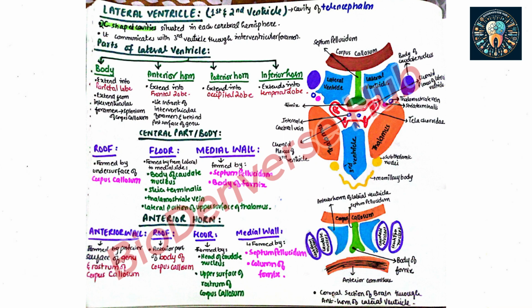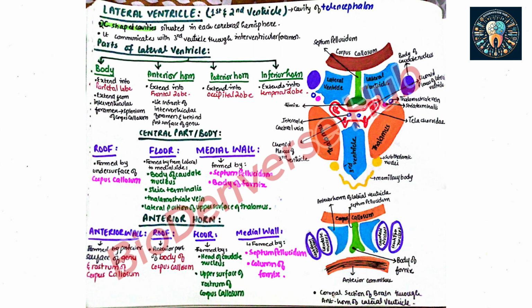The floor is formed by the head of the caudate nucleus and the upper surface of the rostrum of the corpus callosum, and the medial wall is formed by the septum pellucidum and the column of the fornix. As you can see in the diagram, on both the lateral and medial sides, the boundaries are shown. So this was all about the anterior horn of the lateral ventricle.